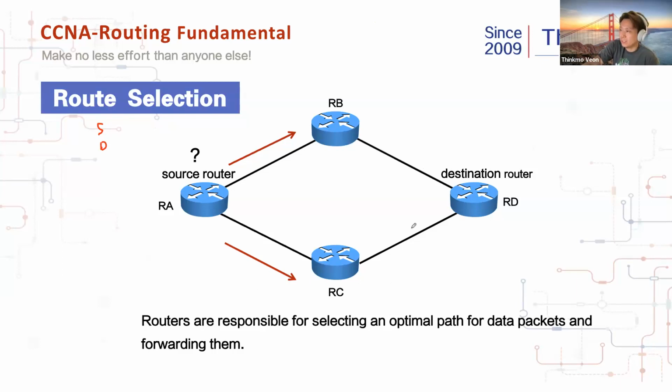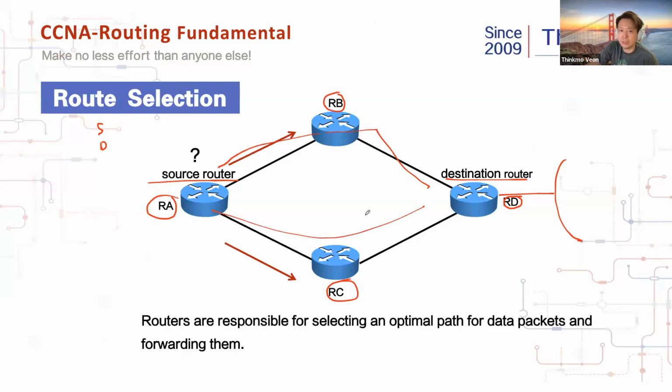So for example, in this diagram, my router A is the source router. It's going to this destination router, which is router B. For example, I have some network behind my router. So my router A will need to choose whether I need to go to router B or go through router C, or I can actually go through both paths I can reach.